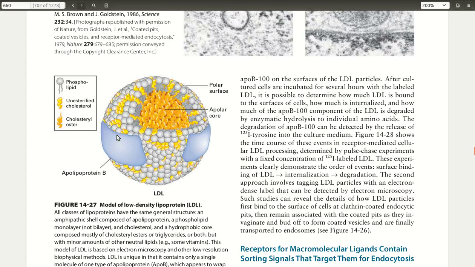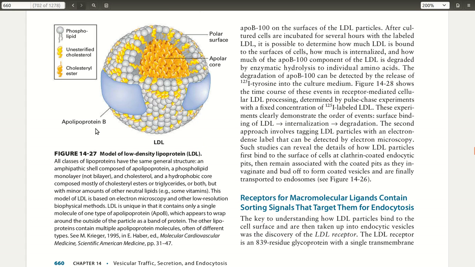And so LDL is this protein complex, which is basically a spherical lipoprotein particle. It has an outer polar surface composed of phospholipids embedded with unesterified cholesterol.